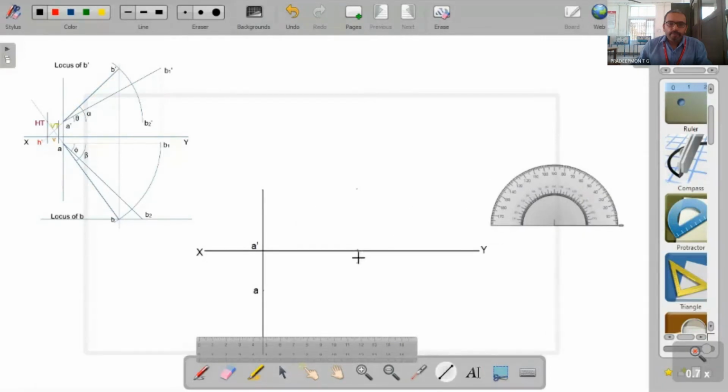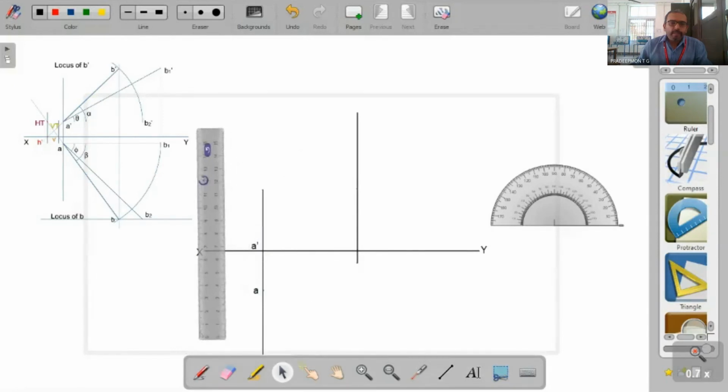Here also I am using a straight line, and on this straight line mark a distance of 60 millimeter, since the point B dash is 60 millimeter above HP.